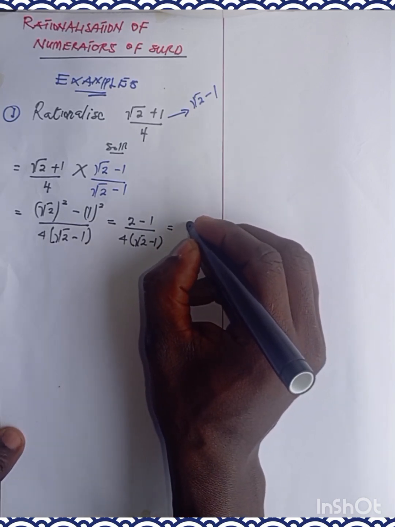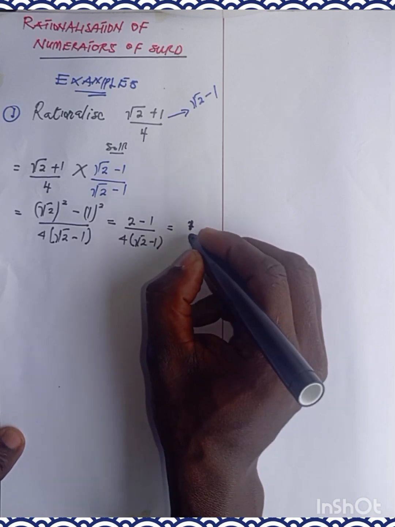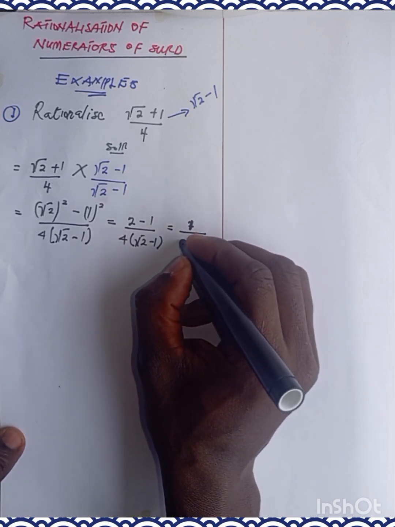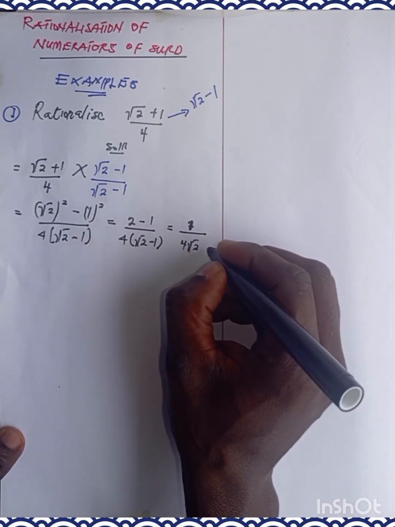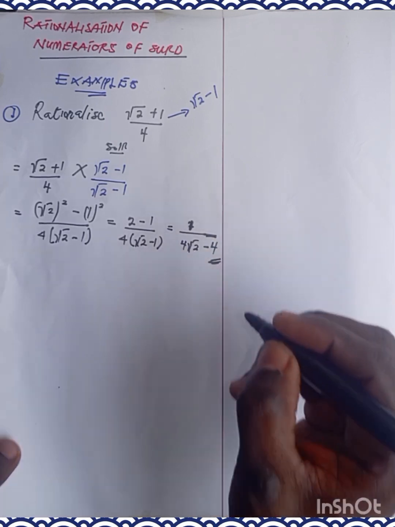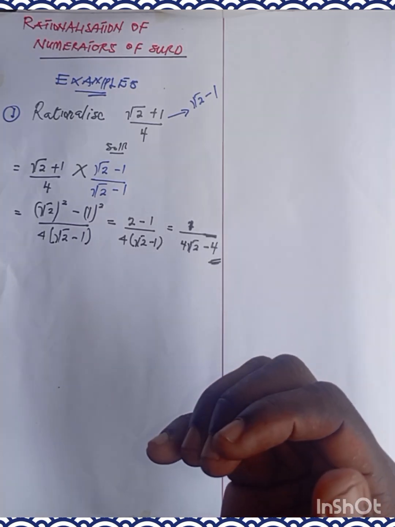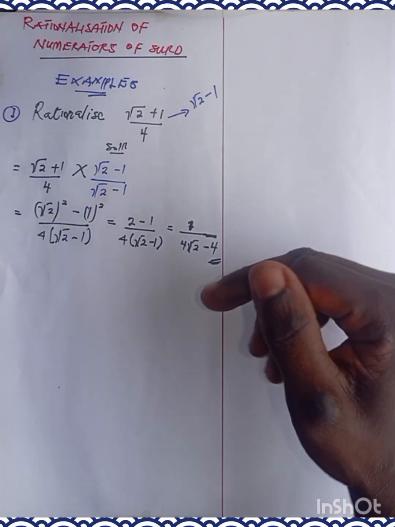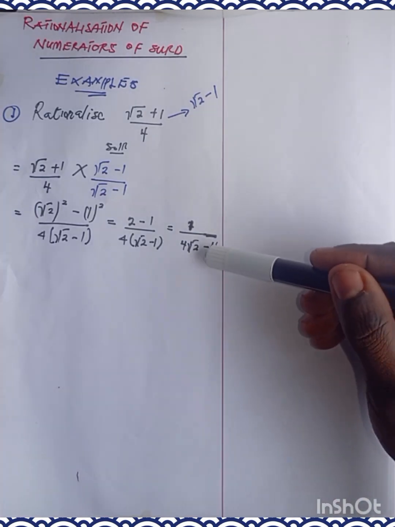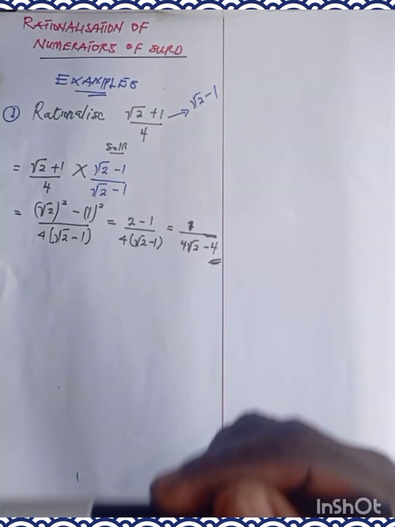And finally, we are getting 1 over 4 times root of 2 minus 1. And we are done. We have rationalized it. Now, this is actually the final answer. Now, when you rationalize this back, you are going to get this.